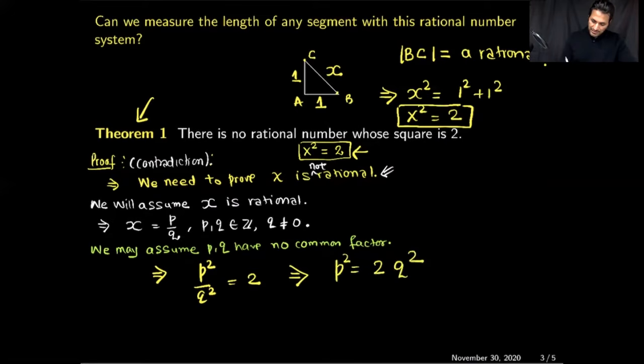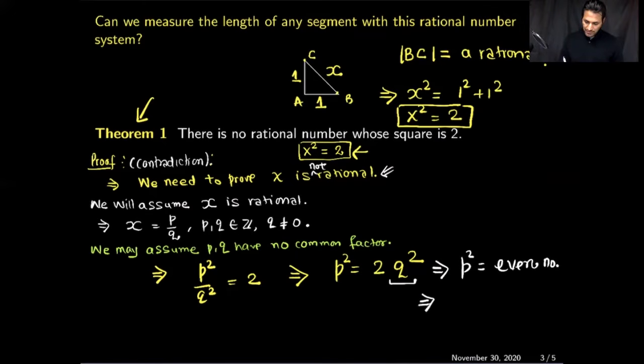This statement says that p square is 2 times some integer, because if q is an integer, then q square is also an integer. That implies p square is an even number, because any multiple of 2 is an even number.